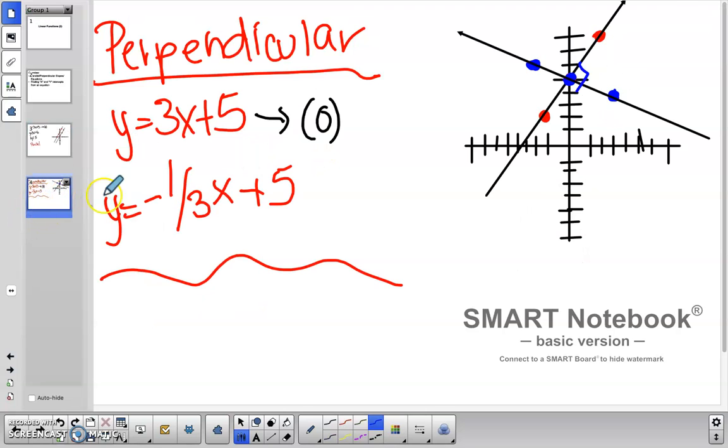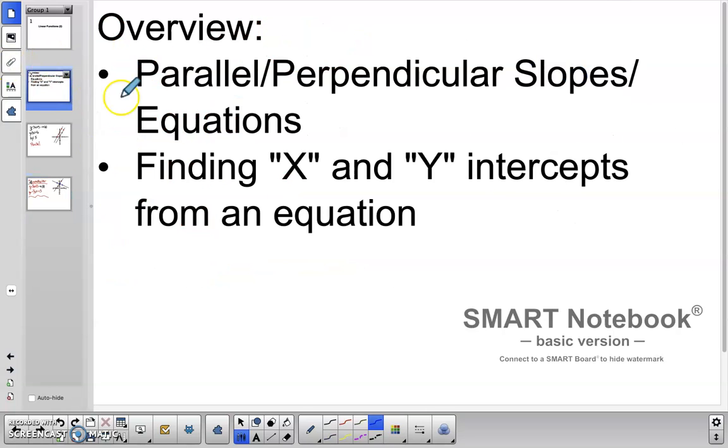And then for perpendicular, the slope is going to be the negative reciprocal of the slope in the original equation, but the y-intercept can be the same. Okay? So now let's put a check mark that we finished that.